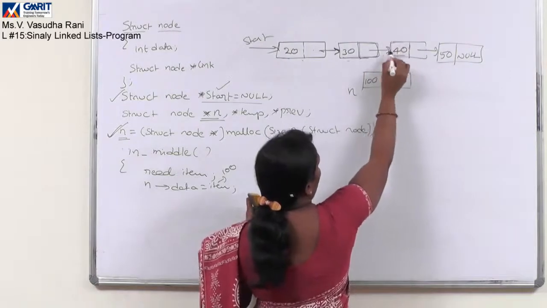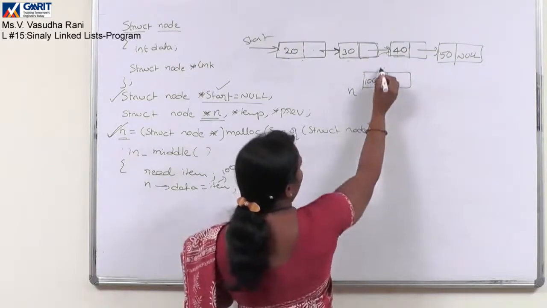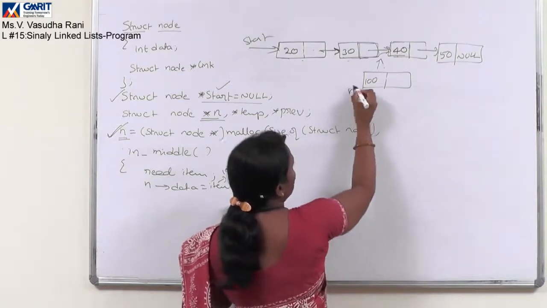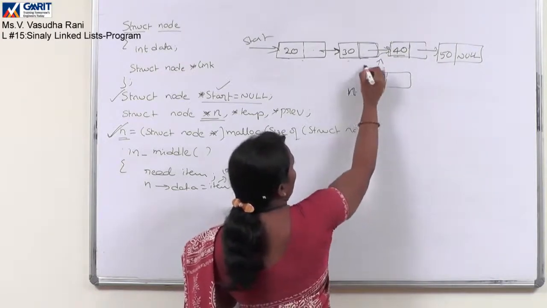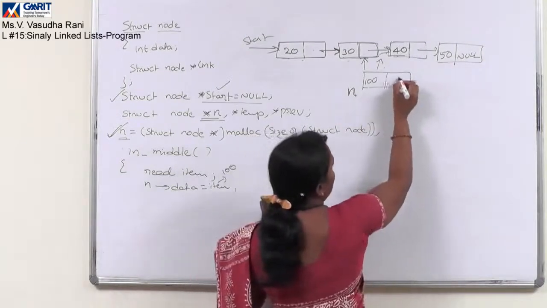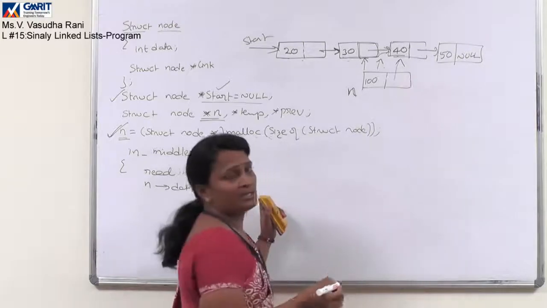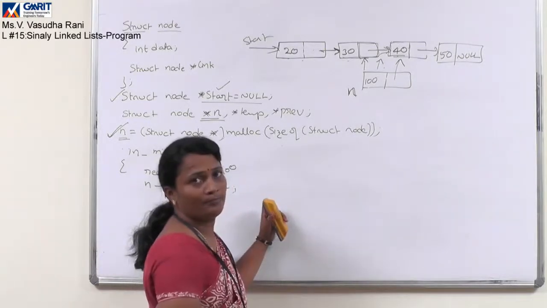Address of this particular node is stored in this node. Now after inserting this, address of n should be stored to 30 and this link part of 100 needs to have the address of this next node 40.